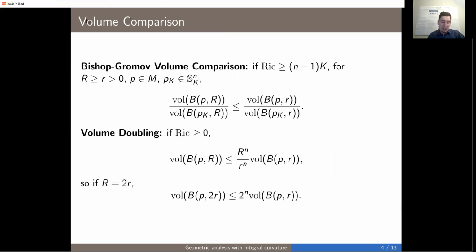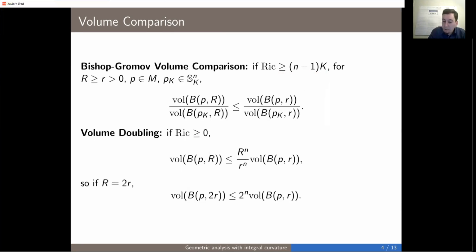There's a theorem that's usually called Bishop-Gromov volume comparison, that says that if you have a manifold with a Ricci curvature lower bound, so if you have this kind of assumption, where here k could be positive, could be 0, could be negative.